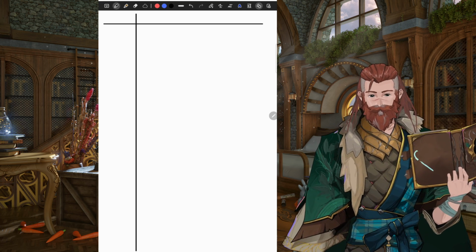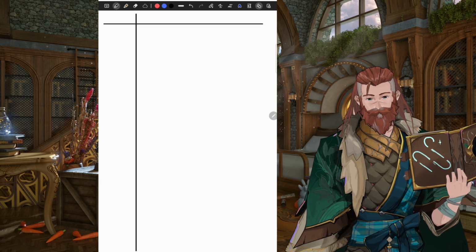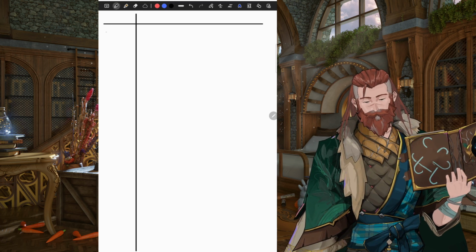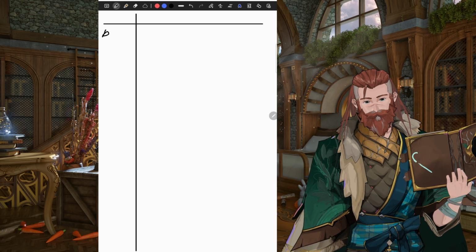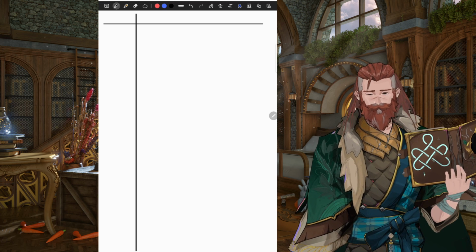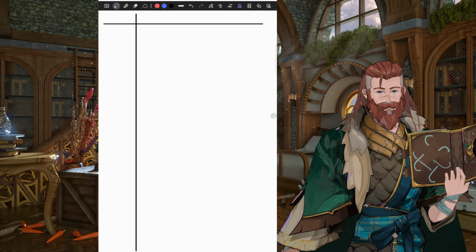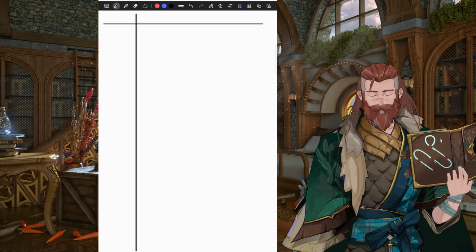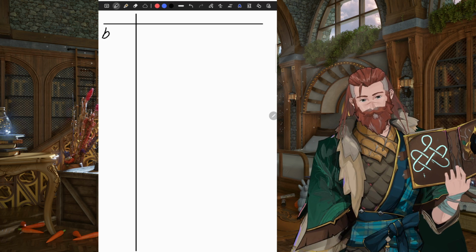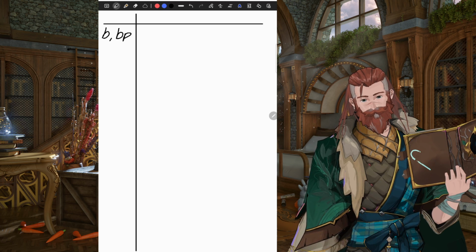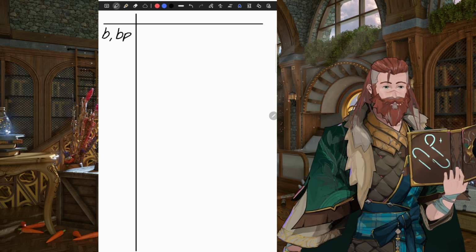So let's start with B. Now there are some more letter combinations that we're going to be going over here because they still apply. So B and BP, those are going to be our B sounds.